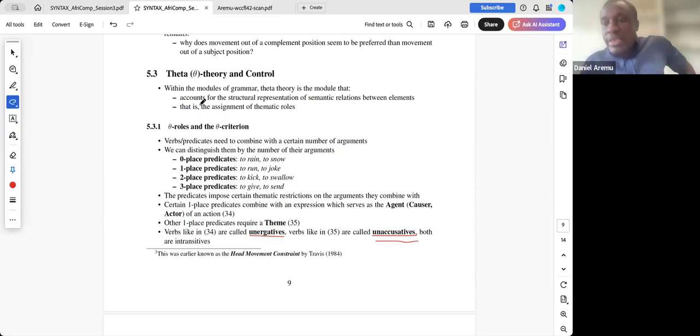It's a dummy item. And like I said, you will find that it's going to be very relevant when we start looking at control. So if you say it rains, right? All these are one place predicates. It rains, it snows. So the it there, you can call it a pleonastic or a dummy item, an expletive.